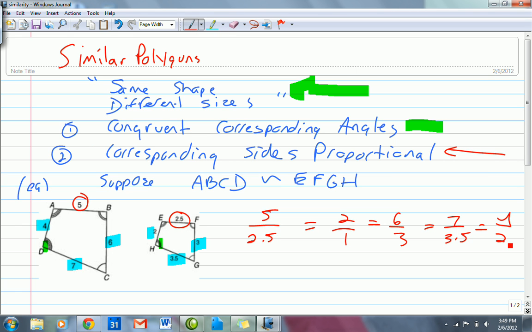So those are similar, and you can see how those corresponding sides are indeed proportional. They have the same scale factor. So a scale factor of 2 to 1 is what you can use to find missing side lengths.